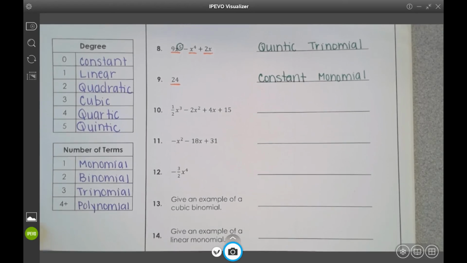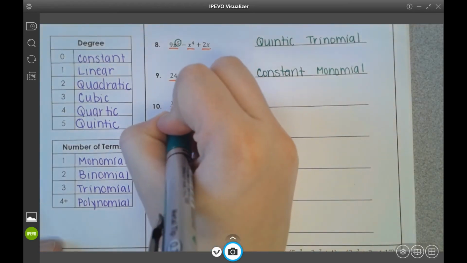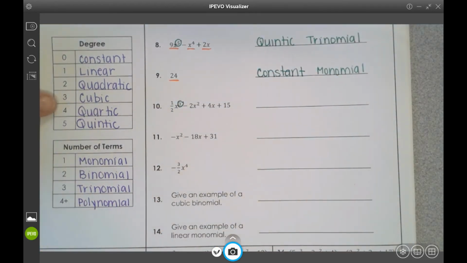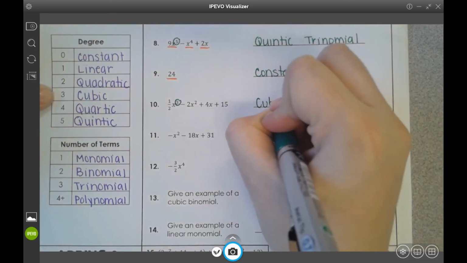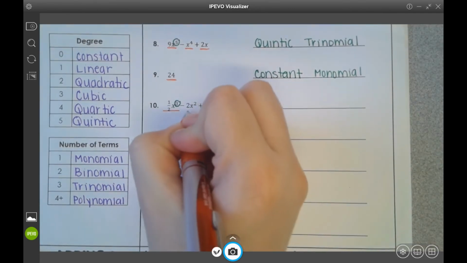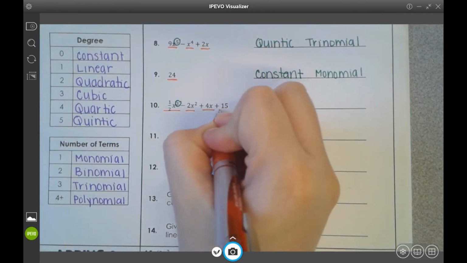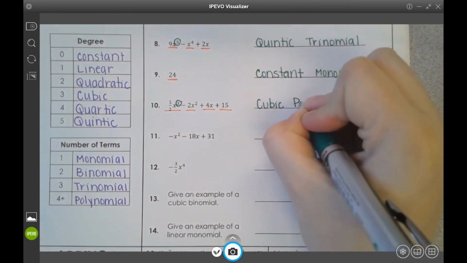Number 10, The largest exponent is 3. So that's cubic. And it has 1, 2, 3, 4 terms. We're just going to call that a polynomial.